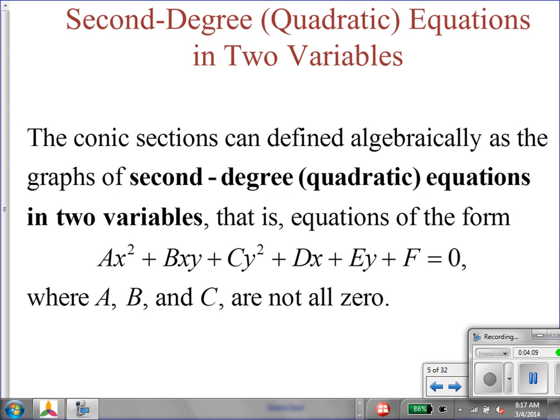Okay? So we're going to be able to pick those out as we're looking at some of these problems. That's why the equation down here has ax squared plus bxy plus cy squared plus dx plus ey plus f. And it says a, b, and c are not all 0. Which means you could have an x squared and no y squared, or a y squared and no x squared.